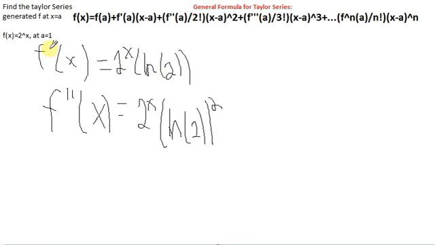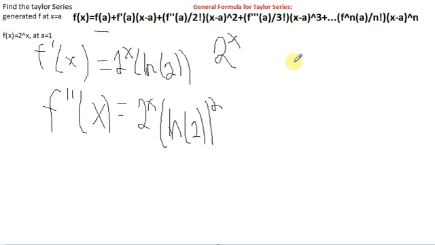Okay, so we know that a is equal to 1. We can start off looking at the formula, and the first thing that we see is f of a. So we would plug a directly into the original function, which gives you 2 to the x. Now you would take the f prime version.